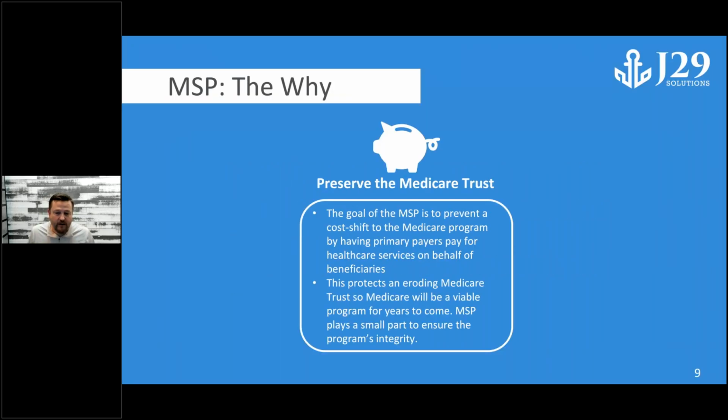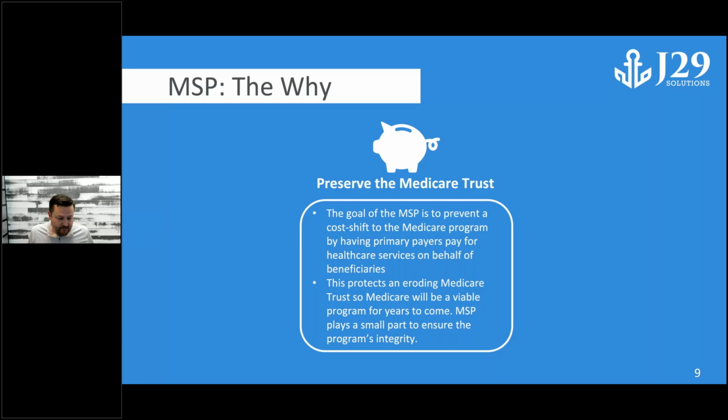The whole thrust behind Medicare Secondary Payer is the preservation of the Medicare Trust Fund. It's to prevent a cost shift over to the Medicare program when other primary payers should be paying.